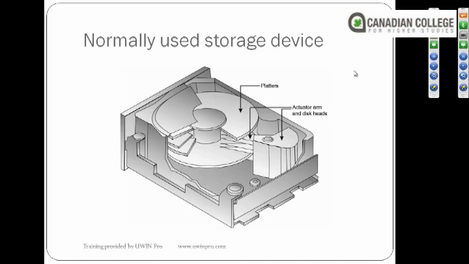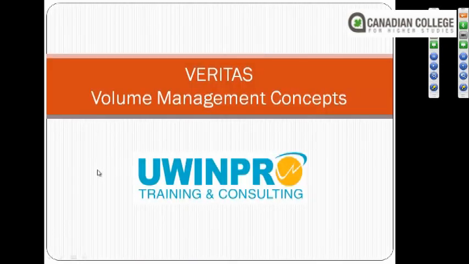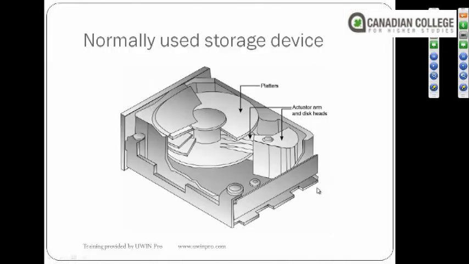There is more chance of corruption. Every device has chances for corruption, right? We also get corrupted. What is the other disadvantage? When you wanted to expand a file system, you have a problem if you are using only physical hard drives.